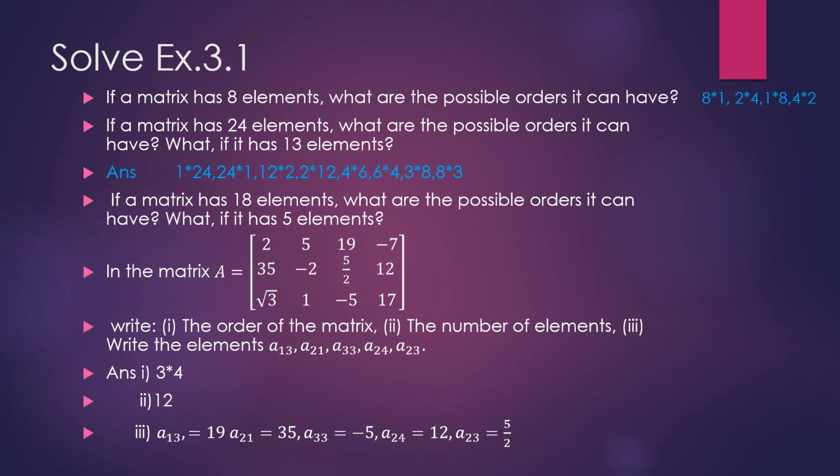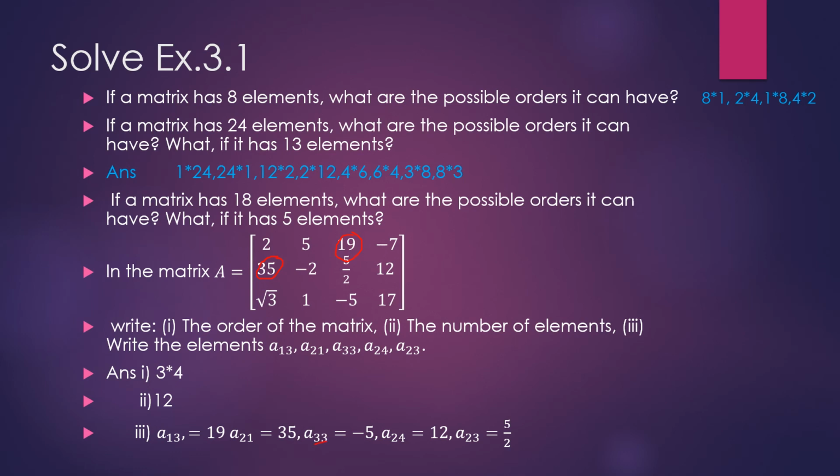Now they're asking me for specific elements. What is A13? A11, A12, this is A13. That is 19. Then I want A21. That is second row and first column. That is 35. Then I want A33.